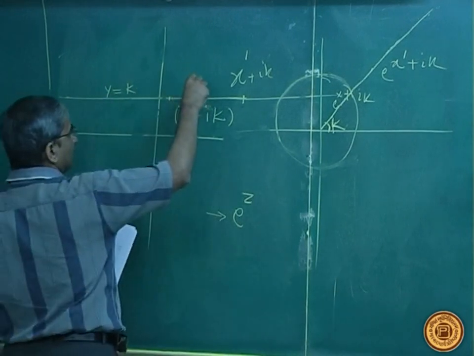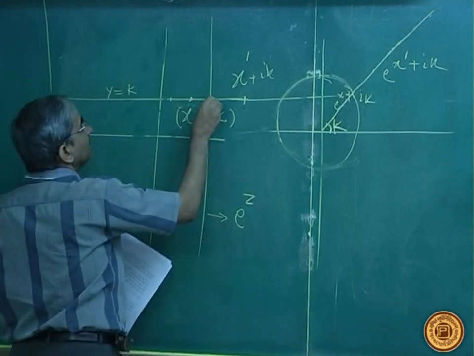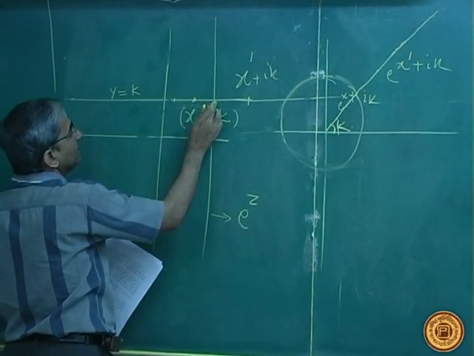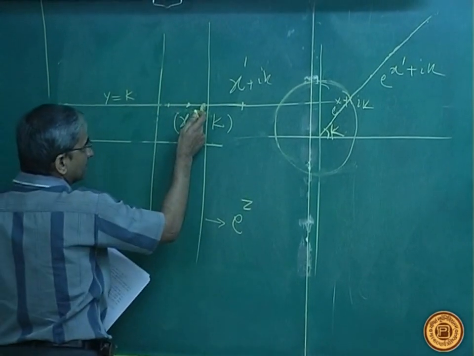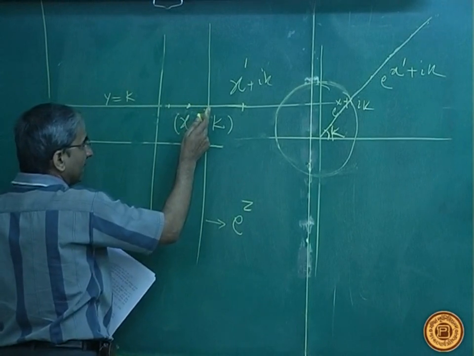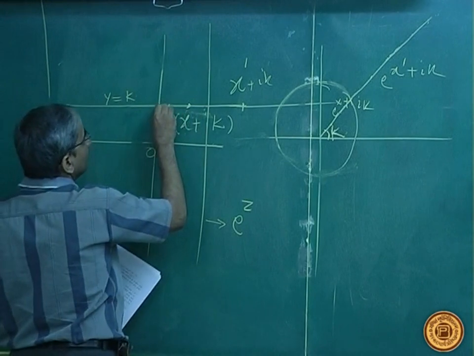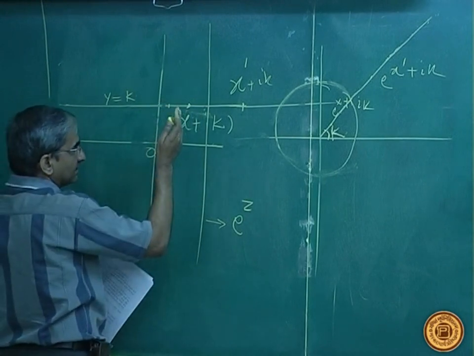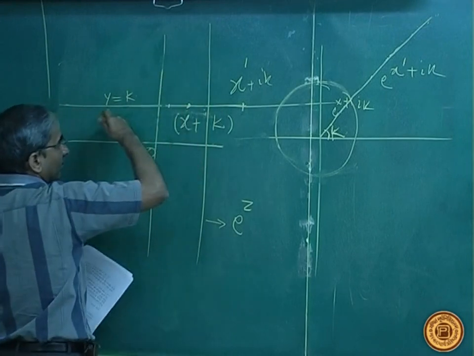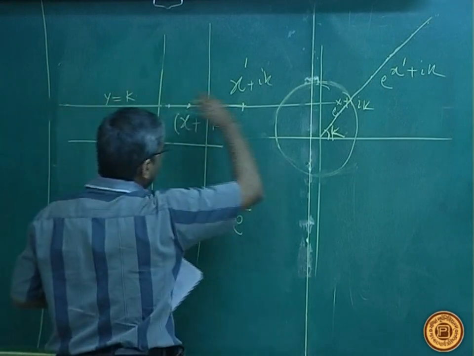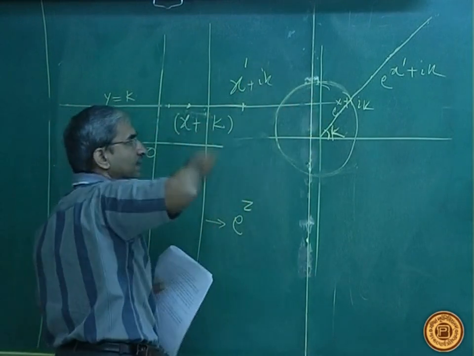So suppose simultaneously now you consider lines parallel to x-axis and y-axis. This point is on the circle of radius e to the power x, making angle y with positive x-axis. So all these points will lie on the same circle. But if you vary this, the ray will be the same and they will be mapped on that ray.